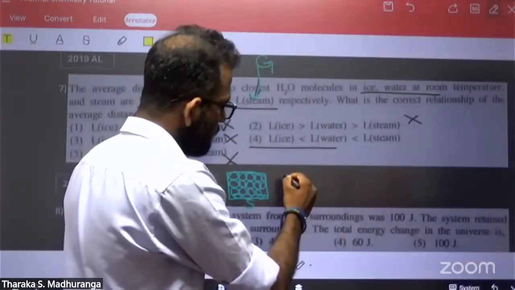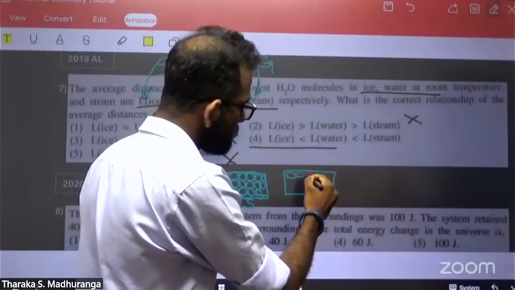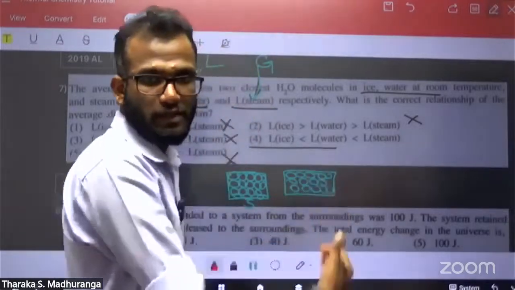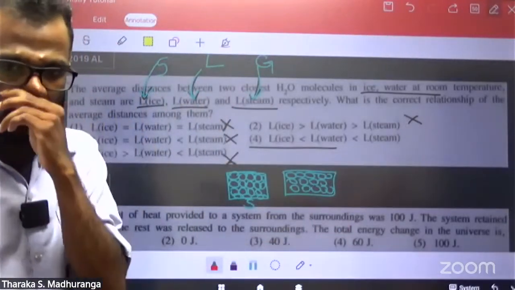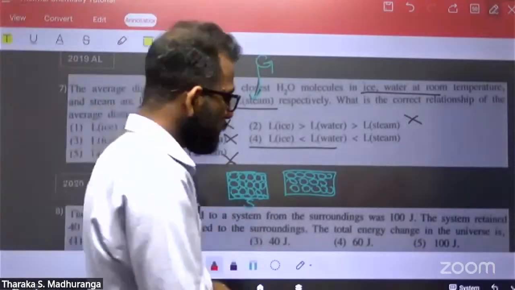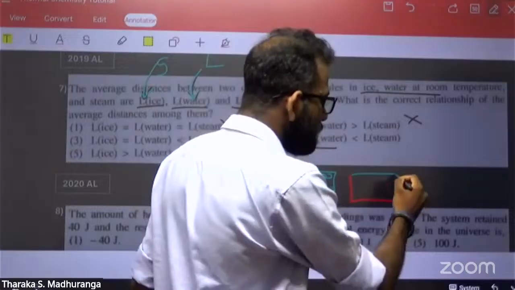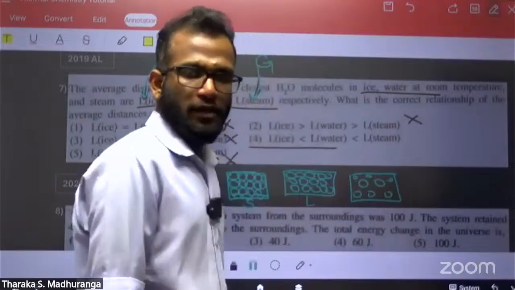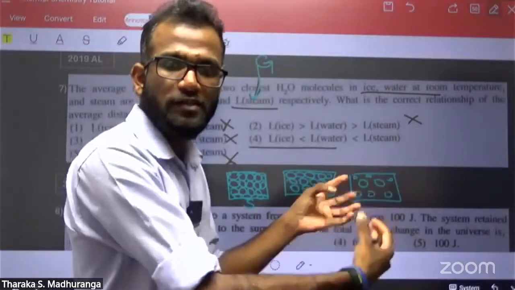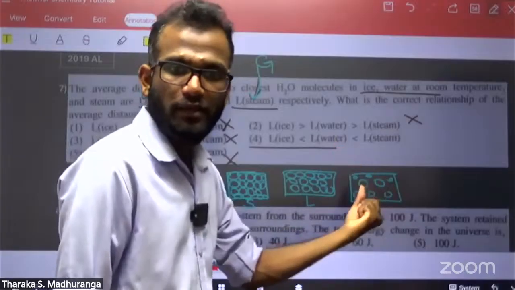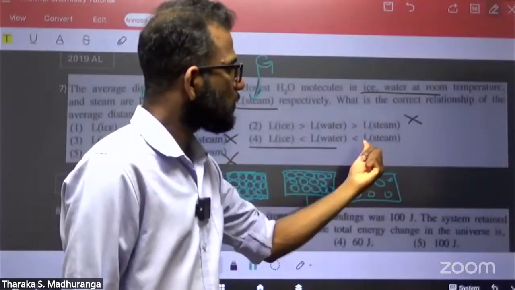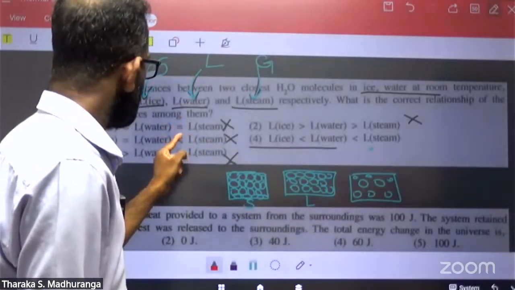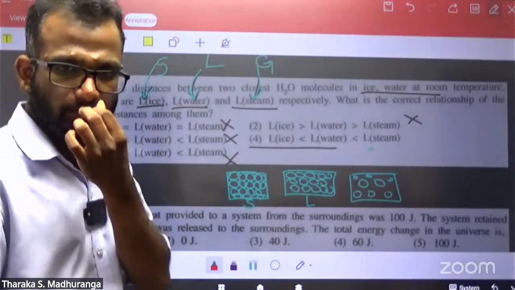A liquid is closely packed, but has more space than a solid. I explained this in the lesson. But steam, a gas, has molecules freely available with a lot of space. So the greatest spacing is in steam. It is not equal, so the first and third are wrong.